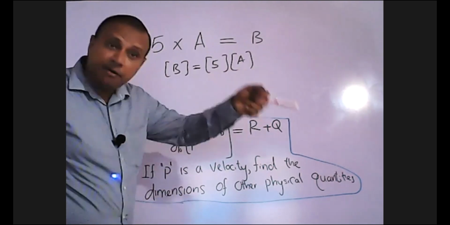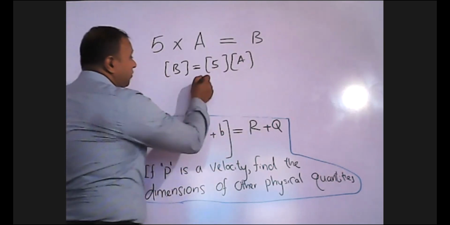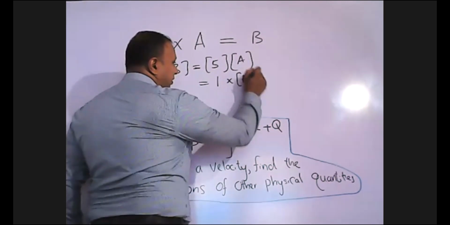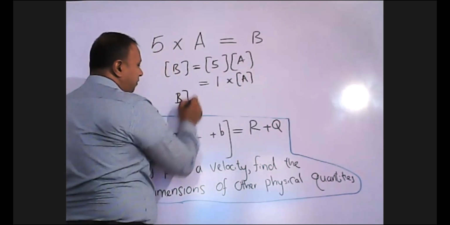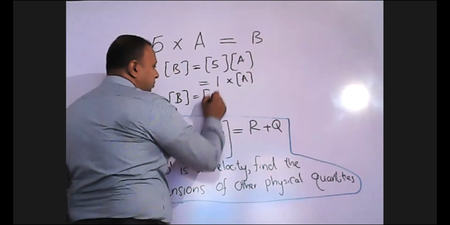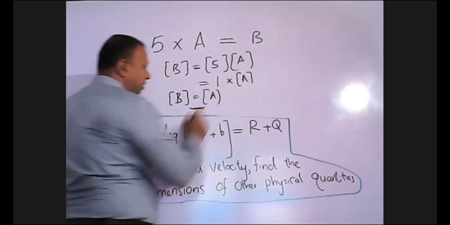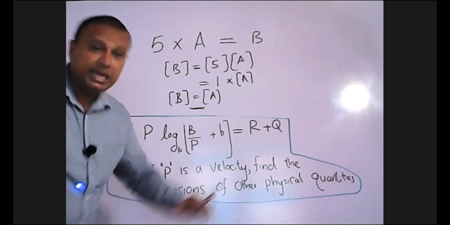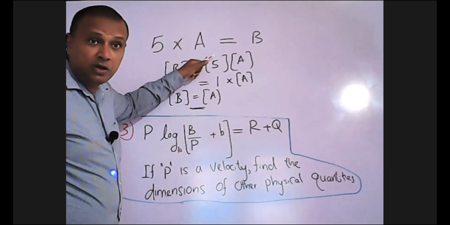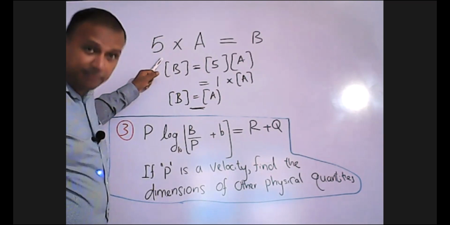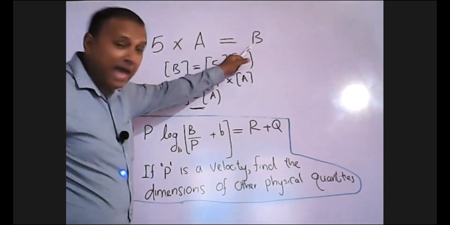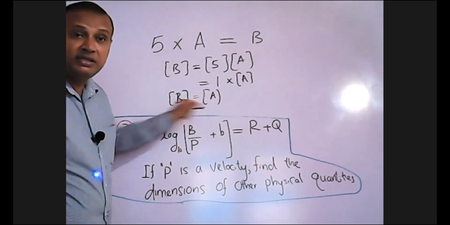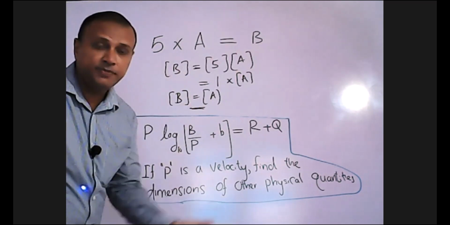So dimension of 5 is equal to 1, and dimension of B is equal to dimension of A. That means if any physical quantity is multiplied by a number, then we will have the same physical quantity. That doesn't change.